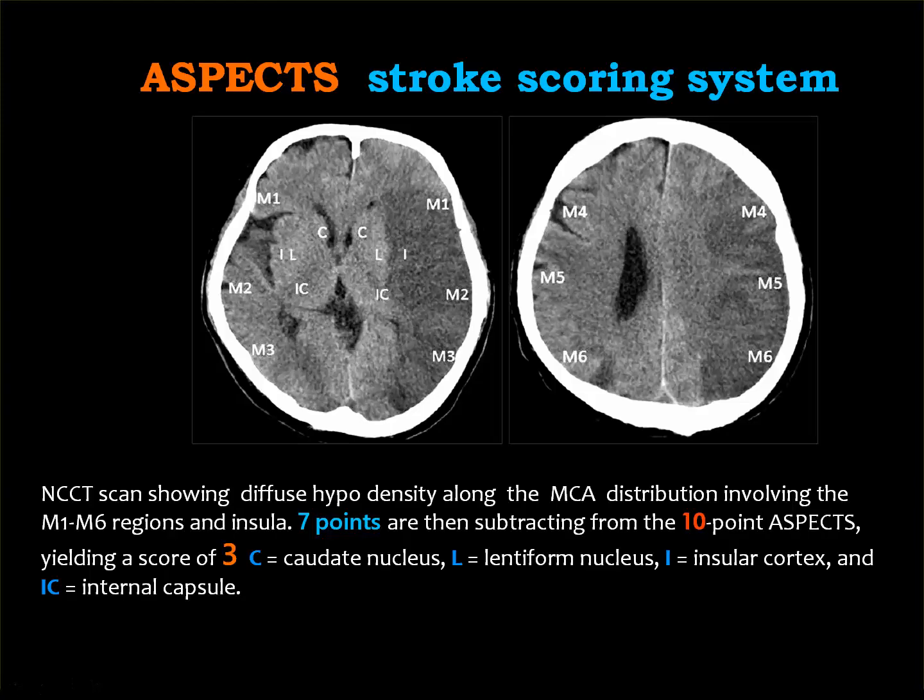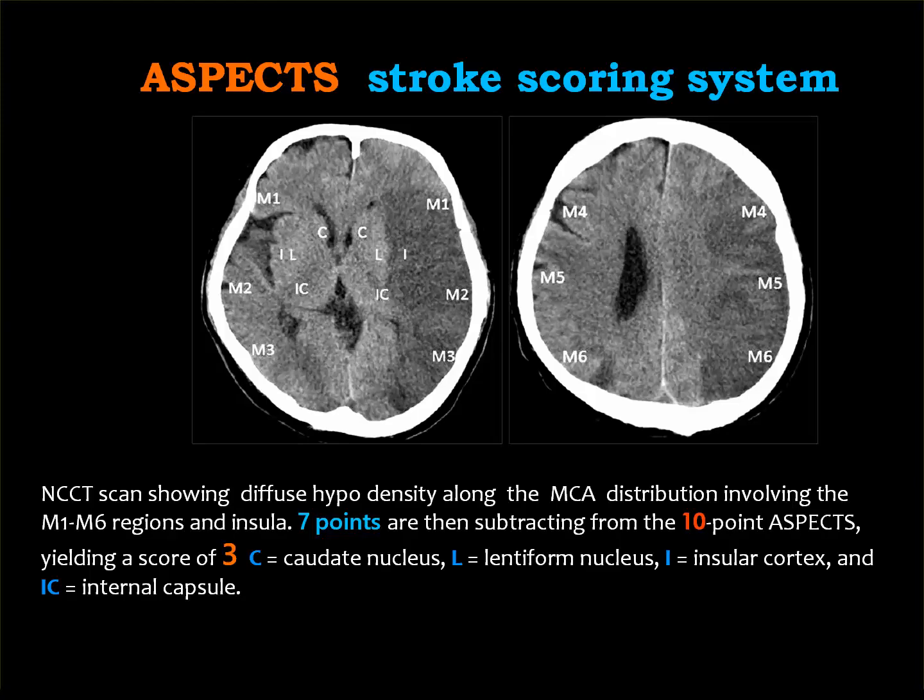Then what is the value of this scoring system? It decides if the patient is to be injected with a systemic thrombolytic agent or not. All the criteria support the idea that if the score is above 7, if 3 areas only are affected, then you may give the patient an intravenous thrombolytic agent.